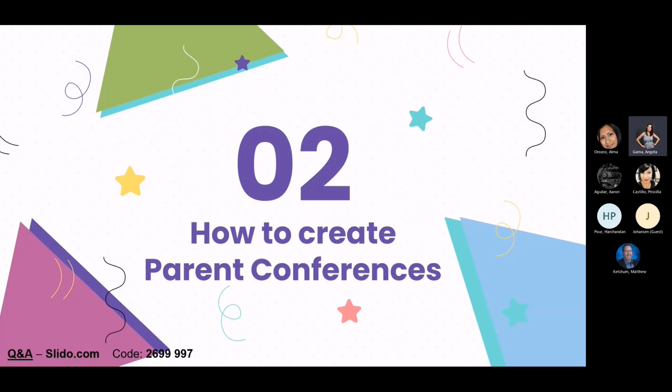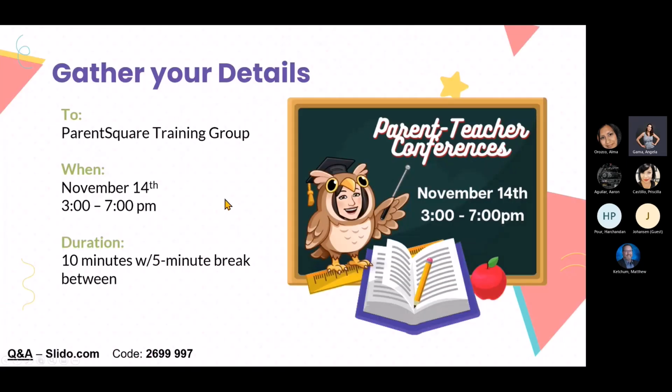Now, the first step that we need to think about before we go into ParentSquare and set everything up is to gather the details for these appointment slots. So who are these appointment slots going to be available to sign up for?